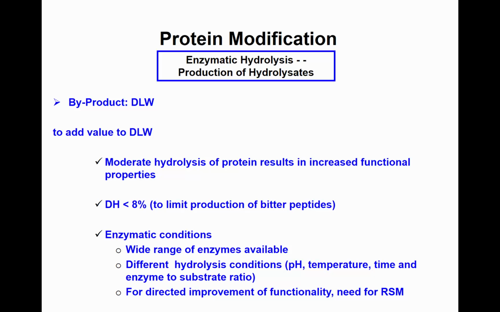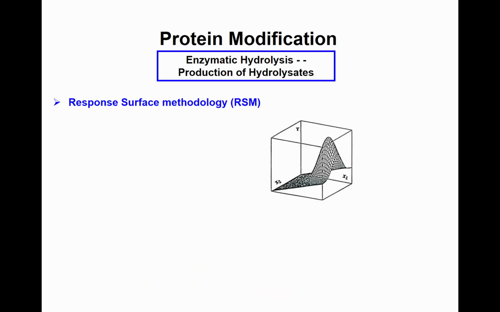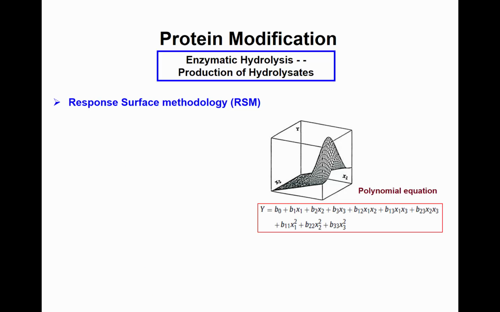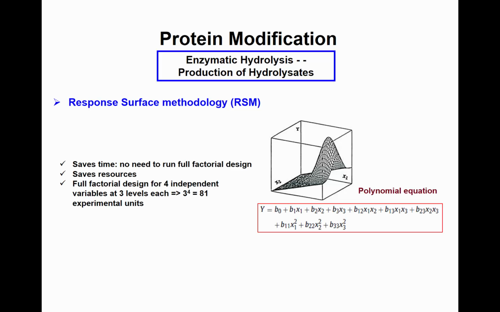Okay, in the past they did go over it, but anyway, response surface methodology: you can have a design where, instead of running a full factorial design, for example, you have 4 independent variables, pH, temperature, time, and substrate to enzyme ratio, 4 variables.